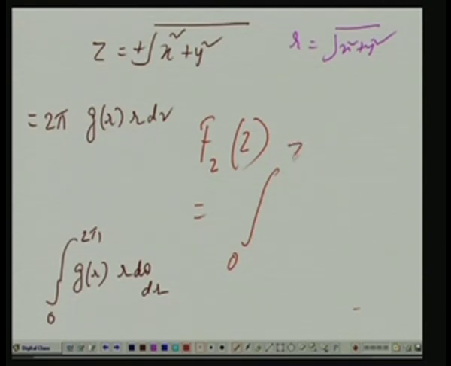So, integrate from 0 to capital Z of 2 pi r G r dr. Okay.